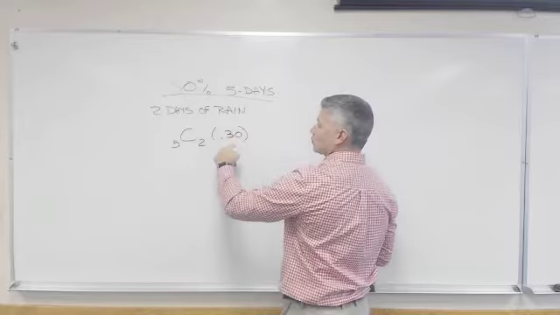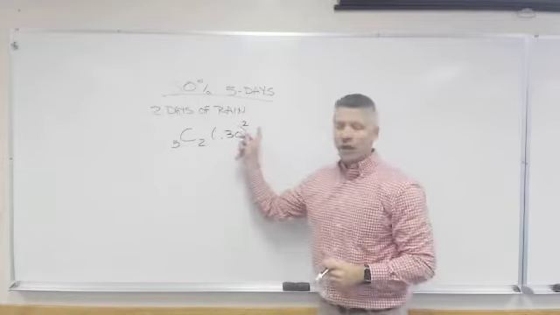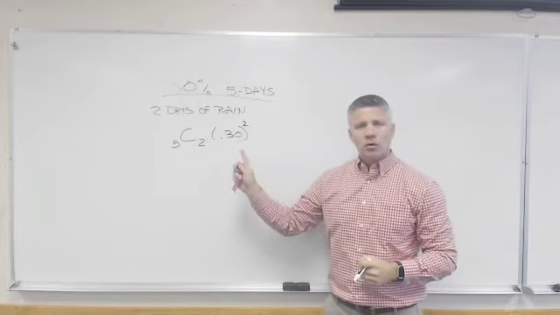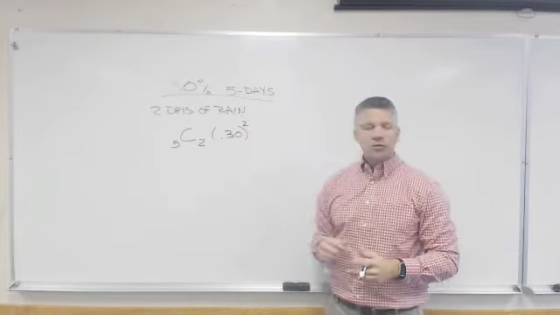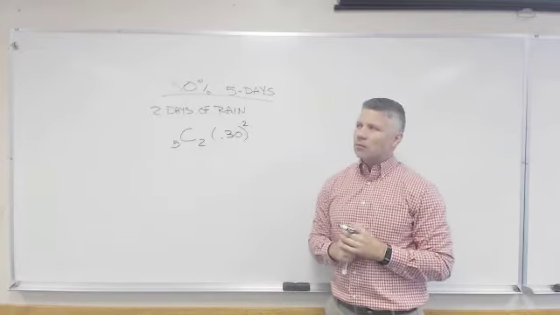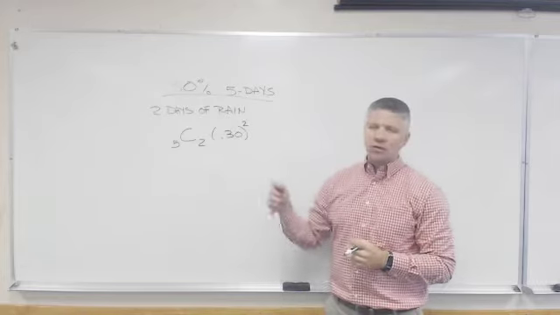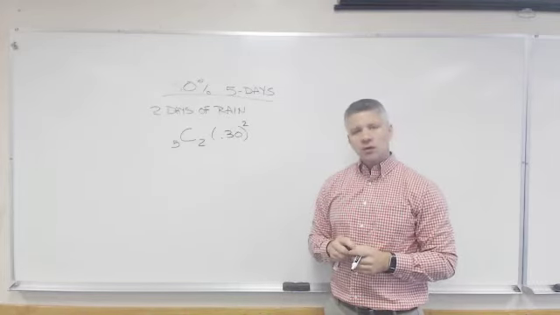0.30, 30%, chance that it rains 2 days. And that's our exponent of 2. Because we're multiplying each day, the 30 and the 30, so the 2 days that it rains. But if I'm multiplying by the 2 days and the percentage that it rains, what about the days it doesn't rain?